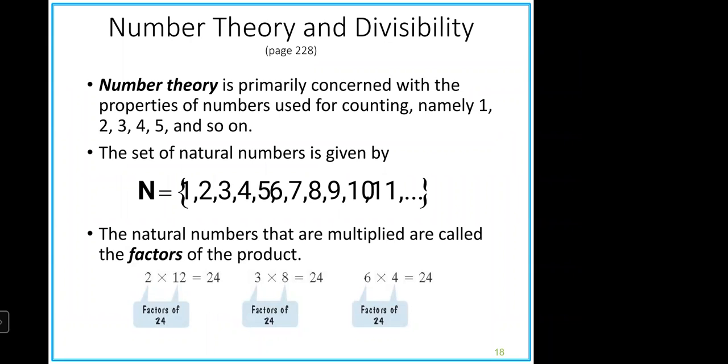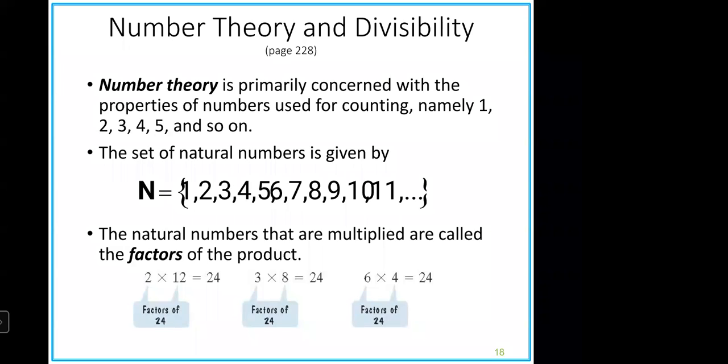All right, so we did start a little bit on this number theory when we were doing sets. So number theory, it says here, is primarily concerned with properties of numbers for counting.